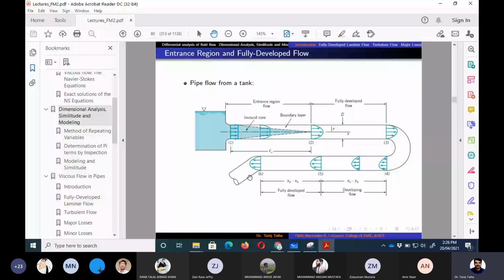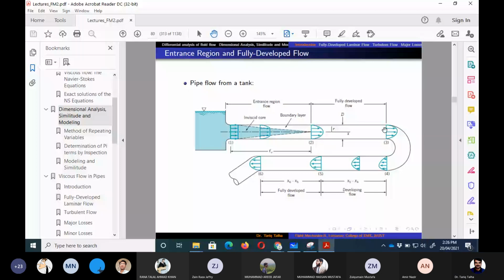So this entrance region or developing flow occurs quite frequently in actual systems, and fully developed pipe flow is also there, but the frequency of switching between fully developed and developing flow is quite significant due to the use of different components in the piping system, right?